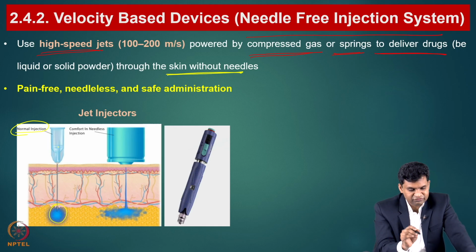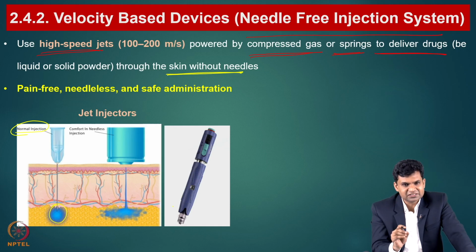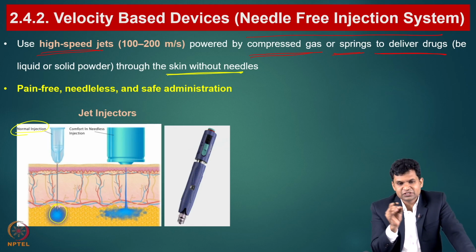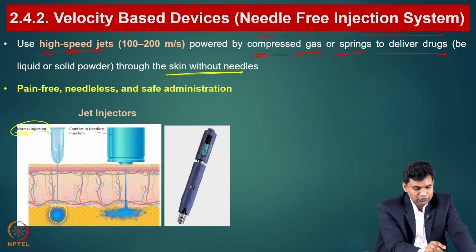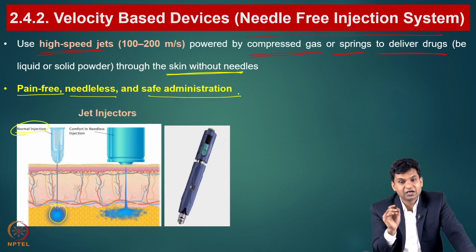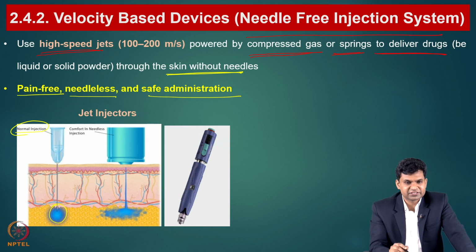So, here you will feel the pain, but these systems you can see here, these are the injectors. We need to load the drug and just inject without having pain, and there is no needle which will give the pain to the patients. So, that is why it is called pain free, needleless, safe administration. Also, self administration is possible.